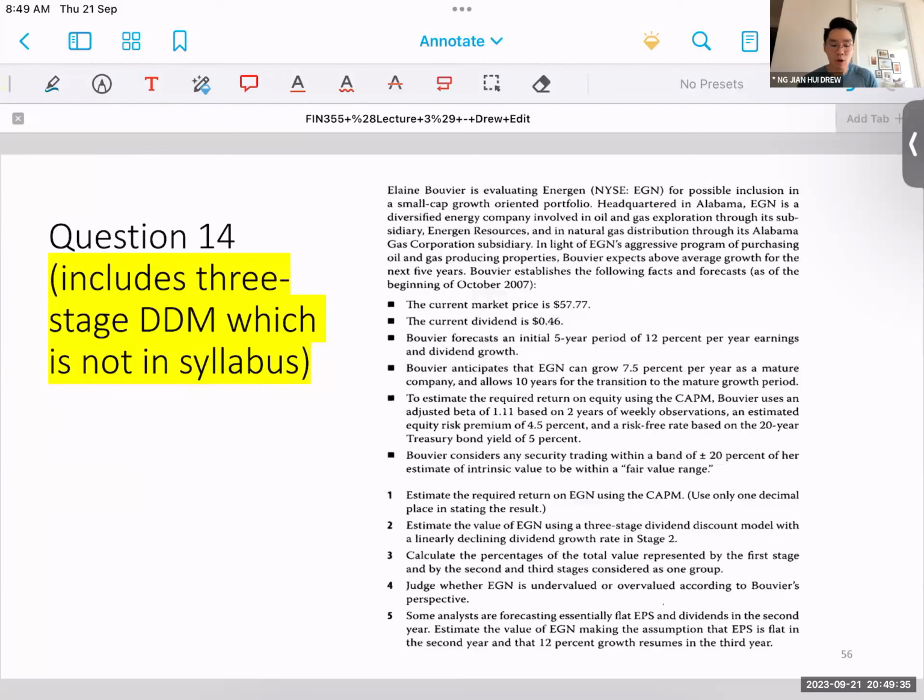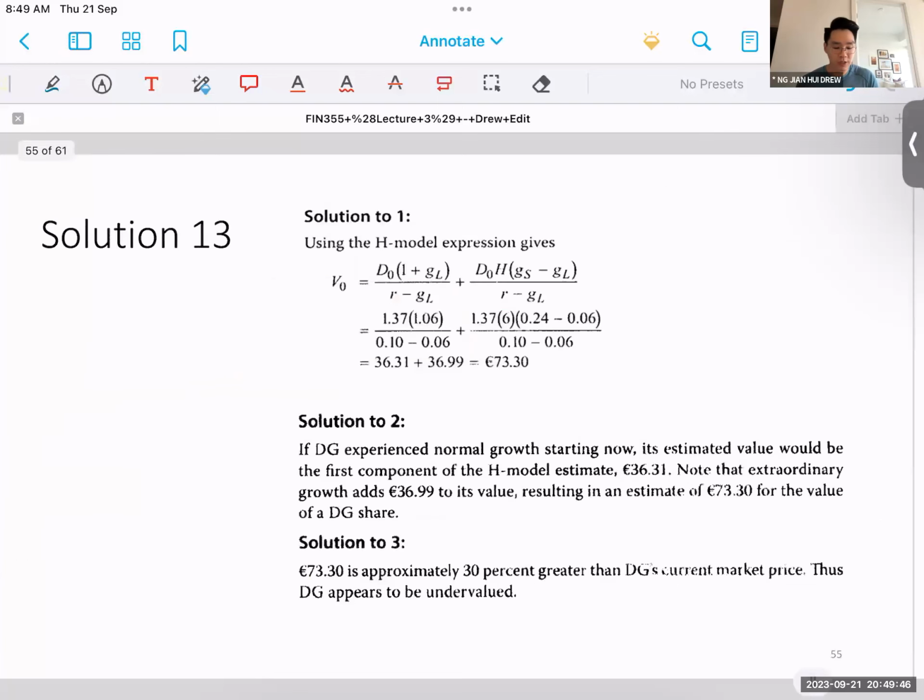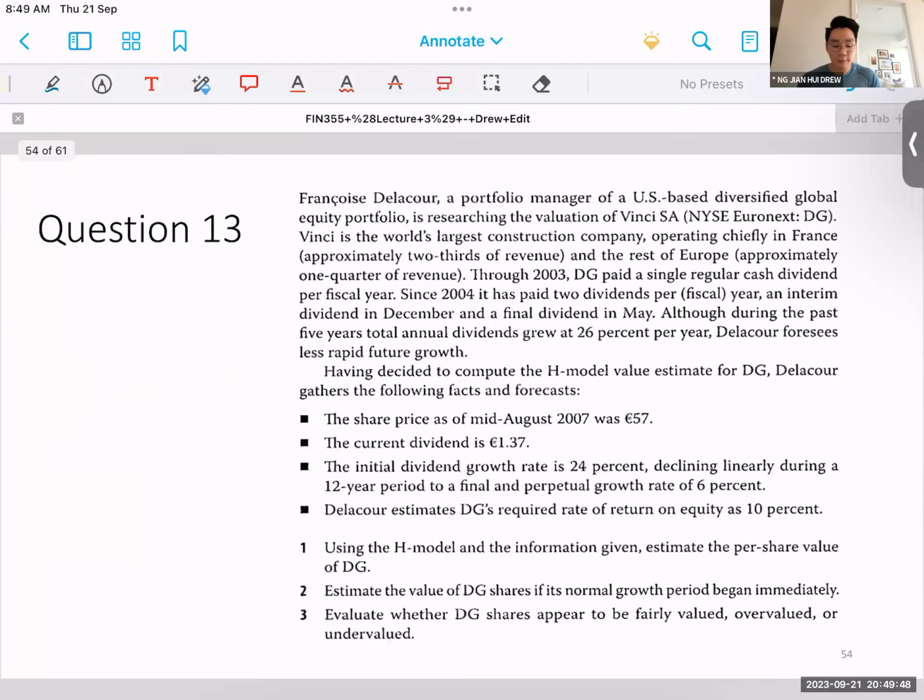Although it's the 3-stage, I want to repeat again, you'll never be asked to do the calculations, but it's a very good way to make sure you understand the valuation. So I'll go through questions 13 and 14 after the break.